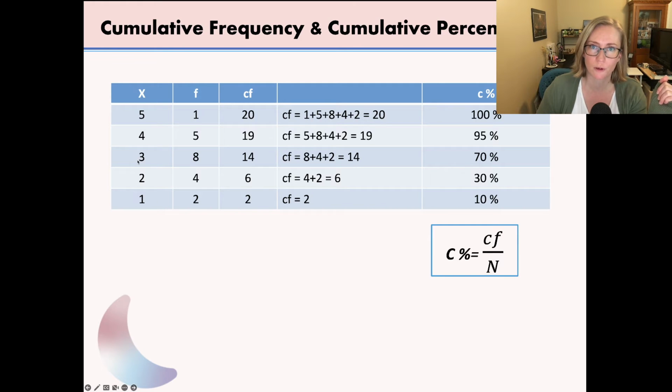How many got a score of 3? 8 or less. 8 people had 3, 4 people had 2, and 2 people had 1. So once you add those together, 14 people had the score of 3 or less, which equates then to 70% of your group, right? So anybody who would have above that score would be 30%, in the top 30%, so to speak. Does that make sense?